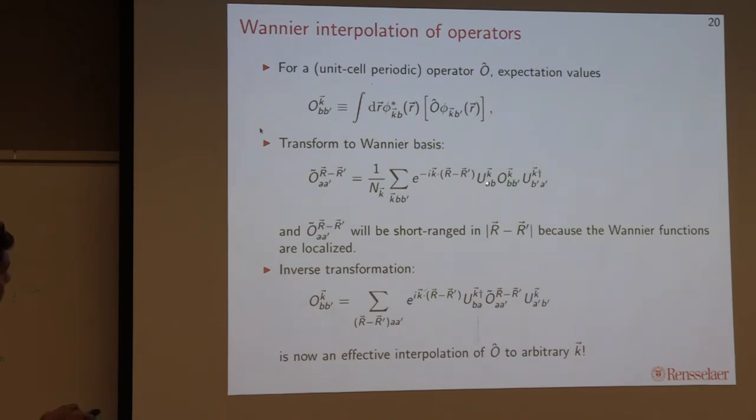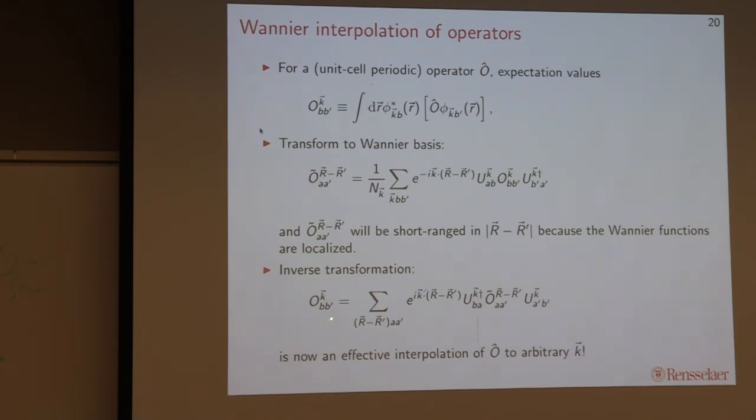I'm doing this unitary transformation on both sides of this operator to get it to the Wannier basis, which gives me a matrix element across two different positions R and R prime and across two Wannier centers a and a prime. Right? Now this in itself is not a particularly useful quantity, except that you have exactly the same sort of inverse transformation here.